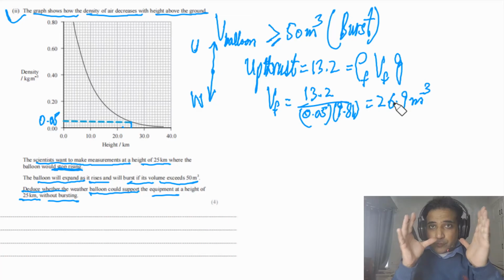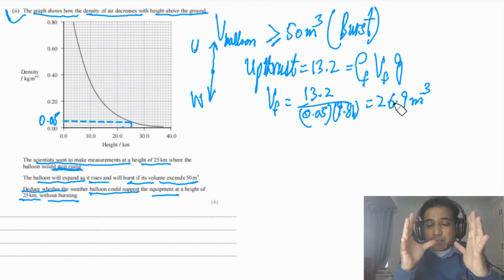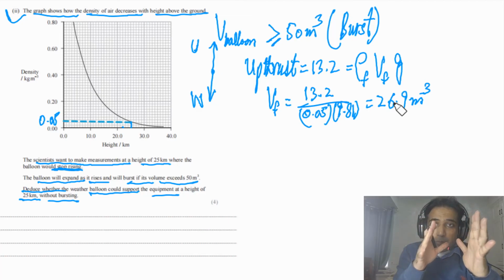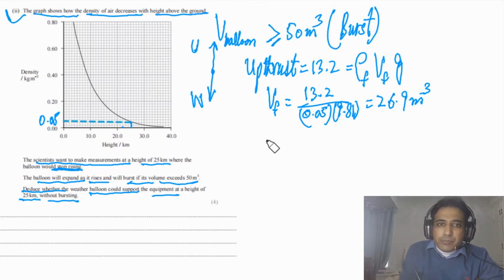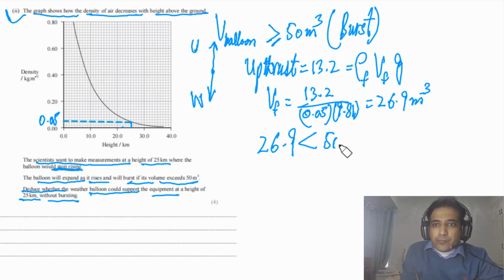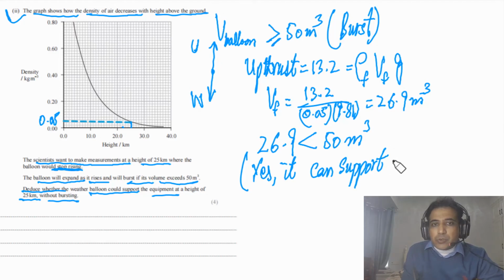And this is the volume of fluid displaced, but the volume of fluid displaced is equal to the volume of the balloon and the volume of equipment. In this case we are assuming the volume of equipment is negligible, so we can say 26.9 is smaller than 50 cubic meters, so yes, it can support, because this is the volume of fluid displaced.